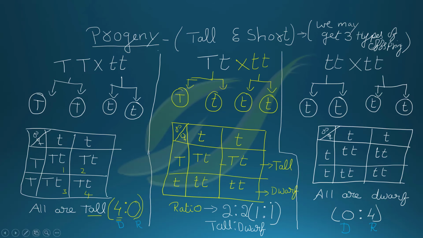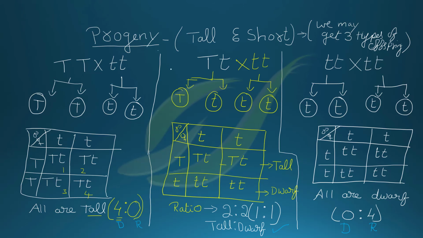And finally, you have to remember this: in many NEET questions, they will ask, if the ratio of the test cross is 1:1 or 2:2, what is the genotype of the parent? The parent is always heterozygous tall.